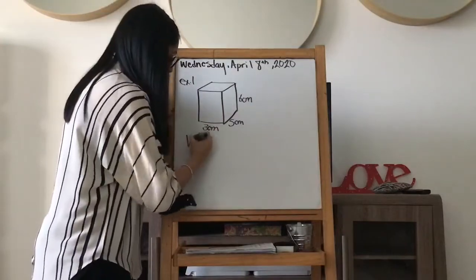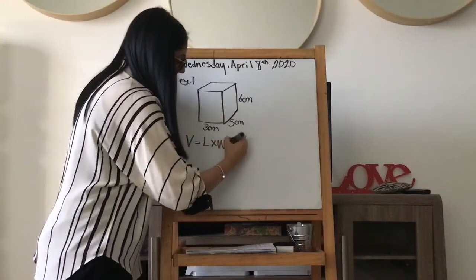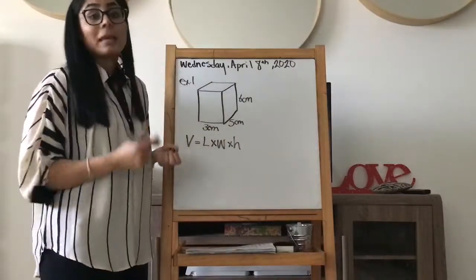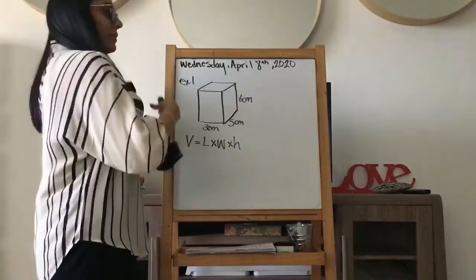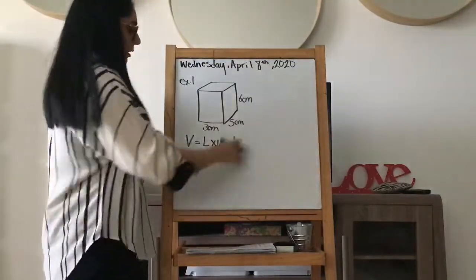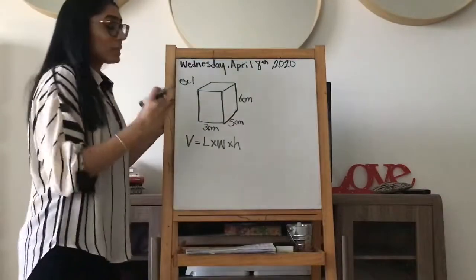What's my equation? We just learned that V is equal to length times width times height. Now, we have always multiplied two numbers together, right? We've always said 5 times 9, 9 times 4, 4 times 7, whatever it is, two numbers. Rarely have we done 3 together. So let's break it down. That's what you need to learn. You need to break it down.